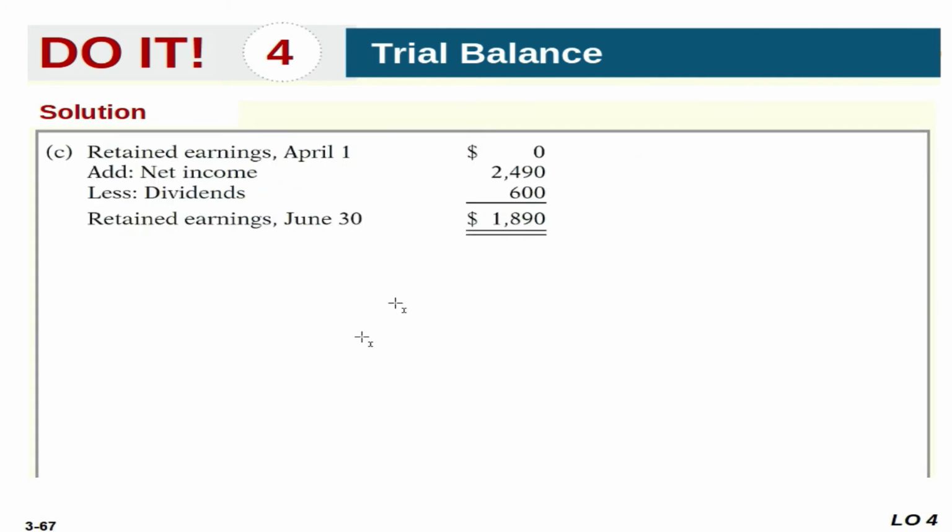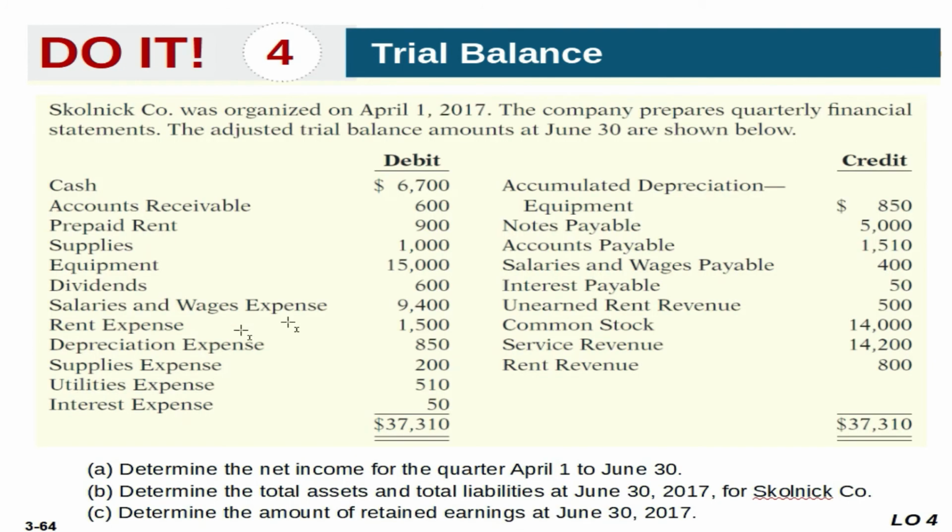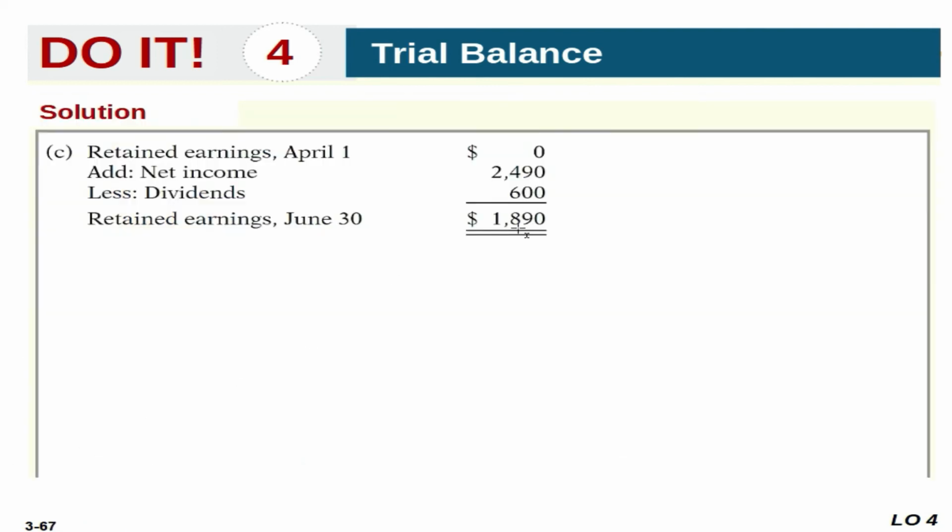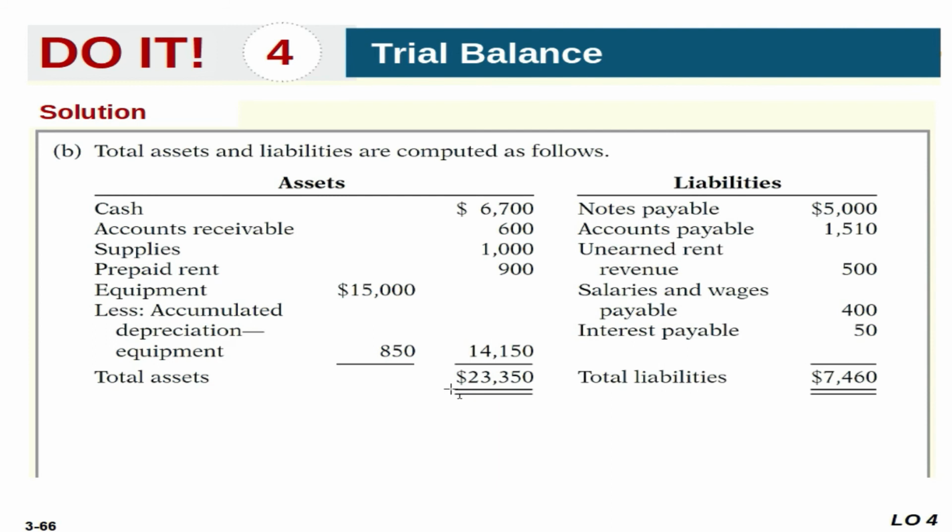Then we subtract out the dividends. The dividends were stated on the adjusted trial balance, right here, this dividends amount of $600. So we put that here, and our retained earnings is $1,890.